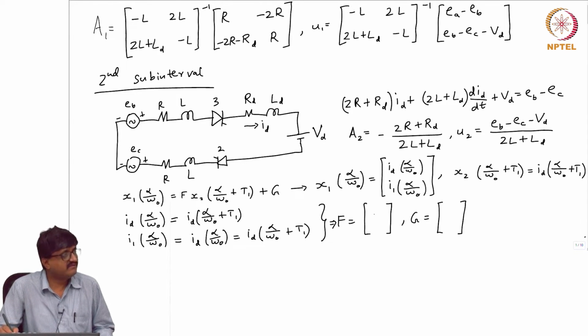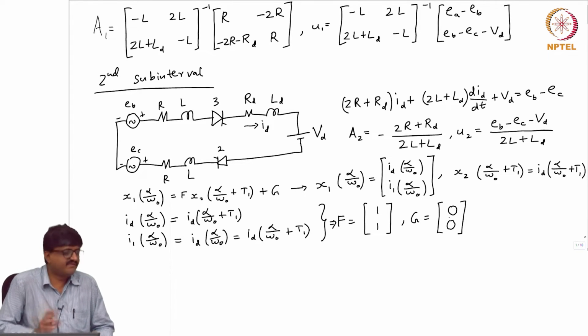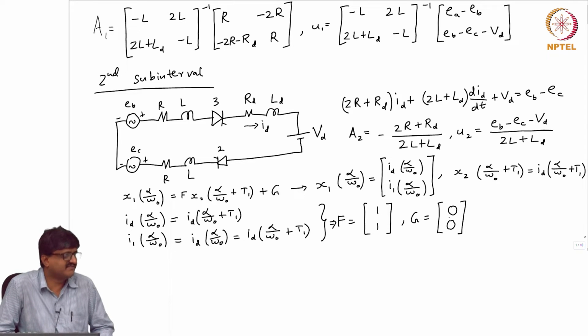F is 1 1, and G was actually not required in this case. Why I used G is that it is a general solution. There are cases where G is non-zero, which is why we need that G. For this case G is actually not required at all because it is 0.